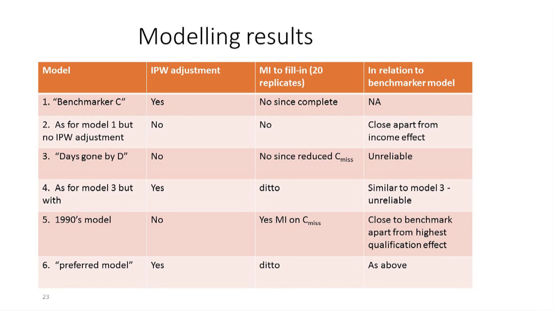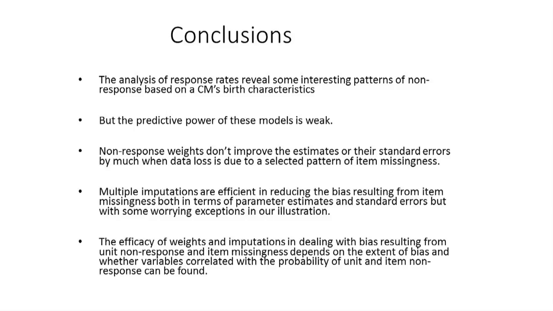Okay, and so that's where we go. So in conclusion, you cannot ignore non-response. And non-response can be partial, and if it's partial, we should be using that information. We need to know a lot more about the process of non-response, what generates non-response.